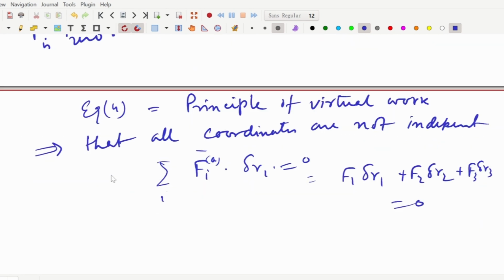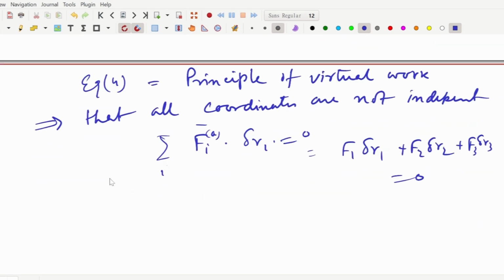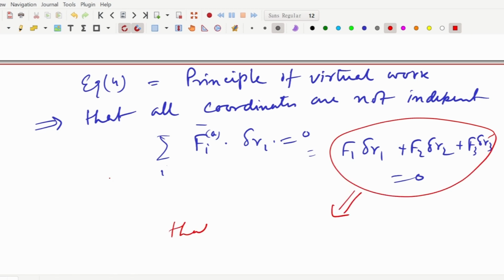So this implies that all r1, r2 and r3 are not independent.